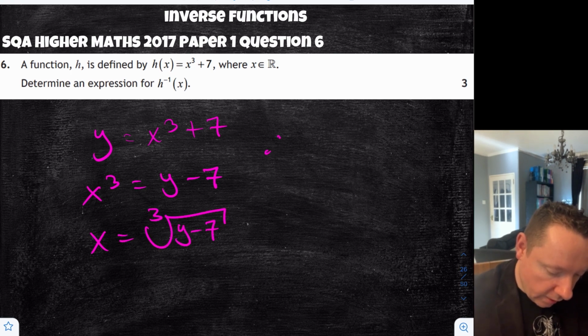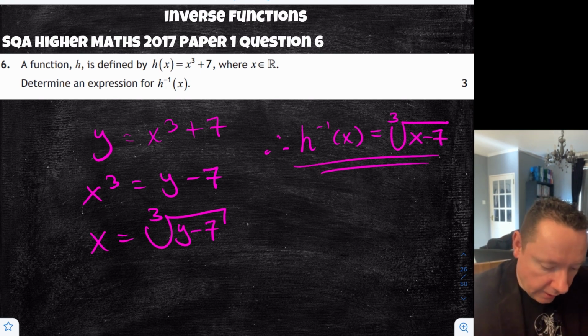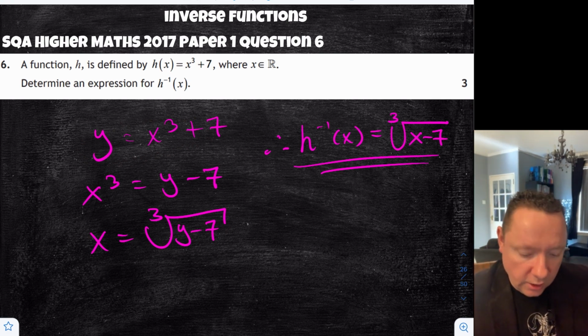And therefore the inverse function of h is equal to the cube root of x minus 7. Again, do not be tempted to write at this stage y equals the cube root of x minus 7 or you'll lose a mark, because y is this, it is not that. So just watch a little bit of notational thing there.